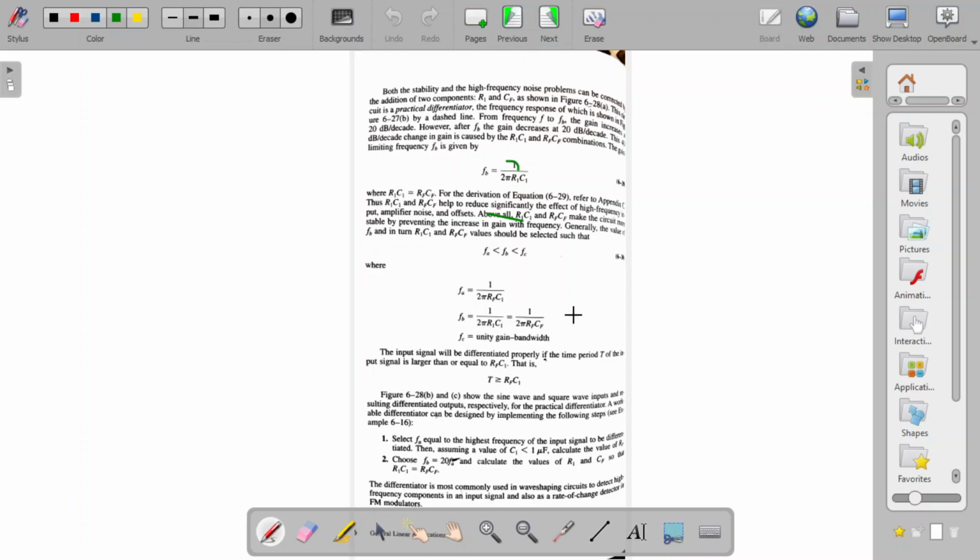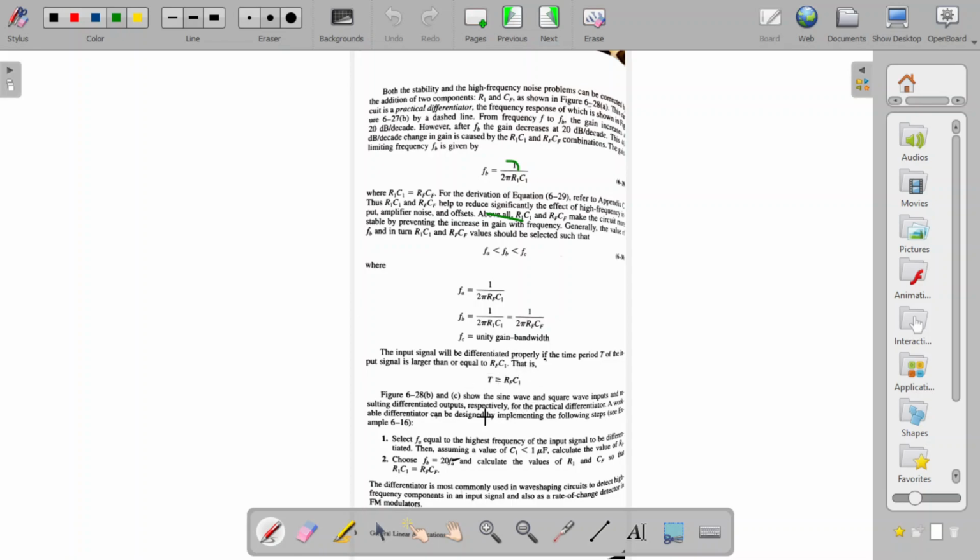So when you design the components, RF C1 and R1 C1 should be selected in such a way that the frequency FA is lower than the frequency FB, and it is lower than the frequency FC. Okay, that is the thing which you have to keep in mind while designing.